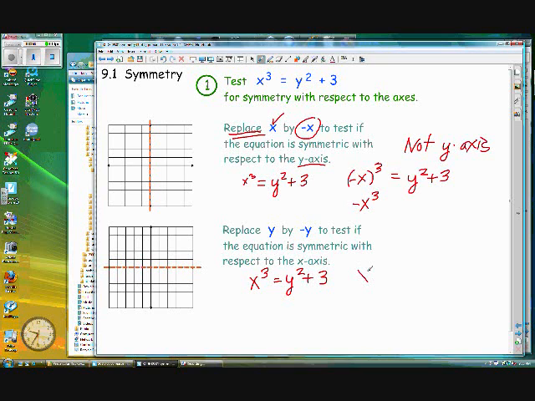Now I'm going to see if it stays the same when I put in a -y and square it, of course. So I'm doing the squaring operation and then adding 3. What happens here? I end up with y squared plus 3. It stayed the same. It is symmetric with respect to the x-axis, yes.